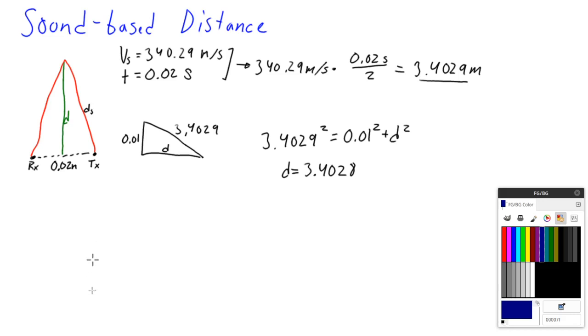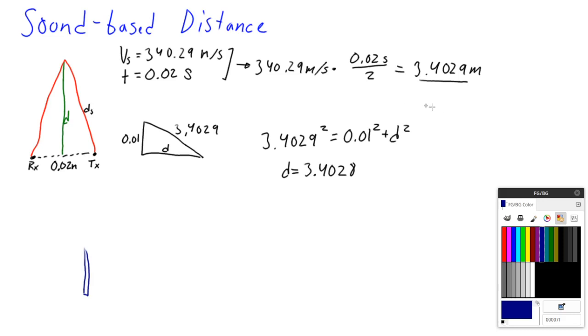Sorry, it's not a very good representation. It's a really narrow triangle where we can say that this distance is pretty much approximately the same as that distance.